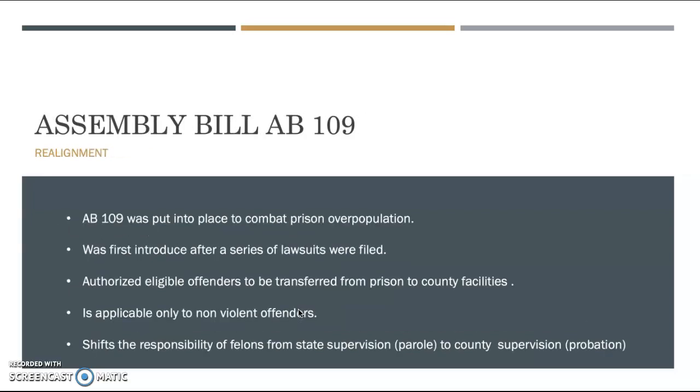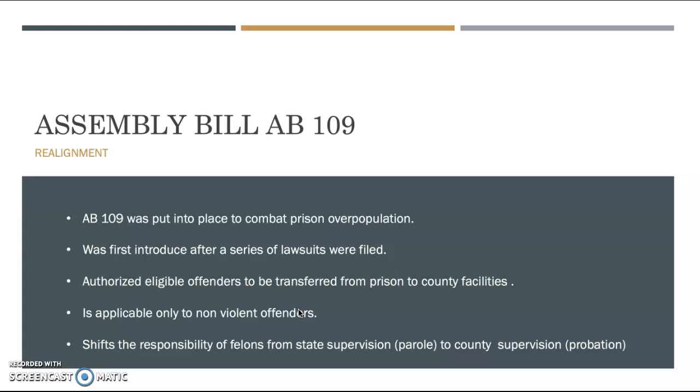prisons. This caused a number of lawsuits, and after these lawsuits, the Superior Court made a decision to implement Assembly Bill AB 109. This is what is commonly known as the Realignment Program.